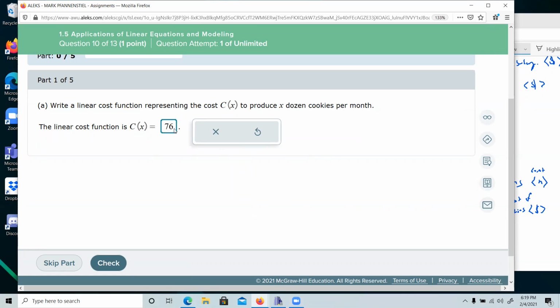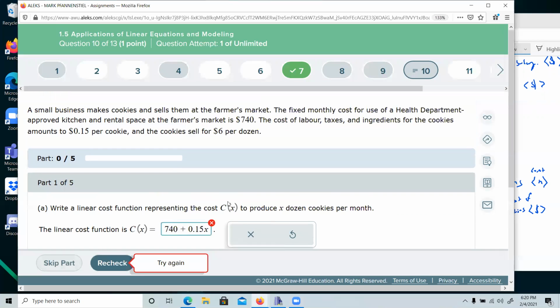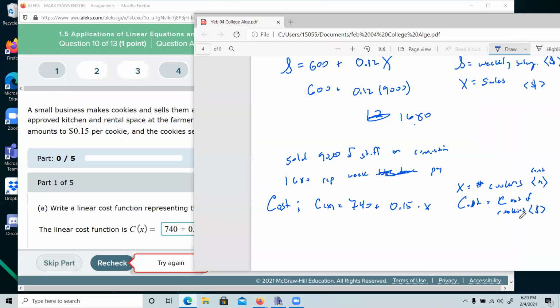What did we say this was? 760 plus 0.15x, 740. Oh, dozen cookies. Okay, x is in dozens of cookies. See? It's not cookies, it's dozens.